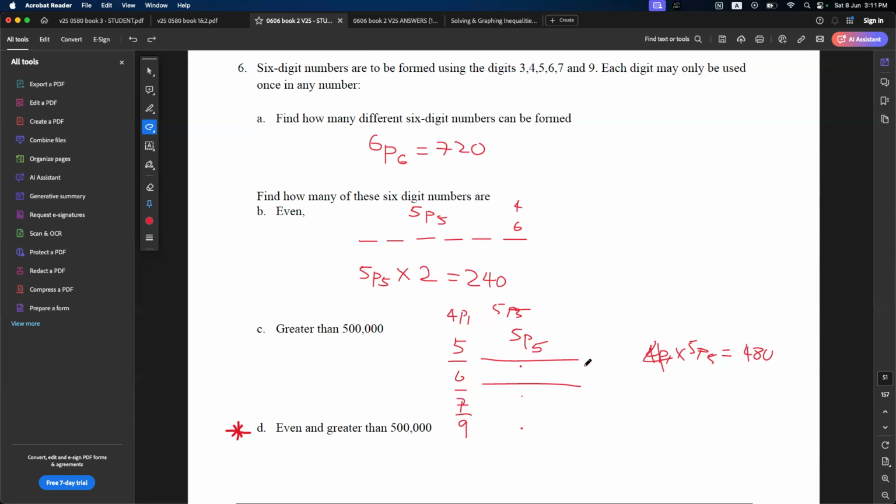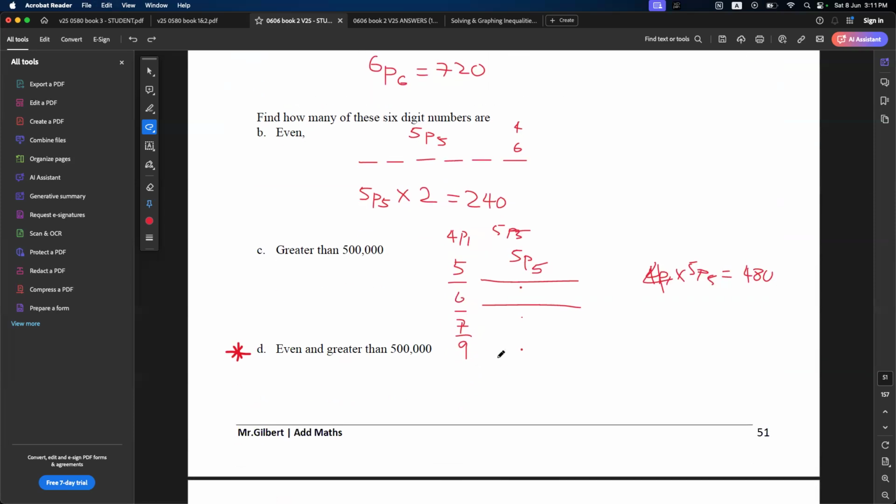Okay? The last part, like I said, is to list down every scenario greater than 500,000 and even number. I would do it like this. Start off with 5, then 4 numbers in the middle, and either end with 4 or 6. Start off with 6, the 4 numbers in the middle can only end with 4, not 6.